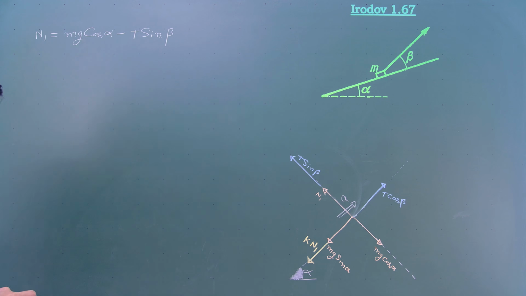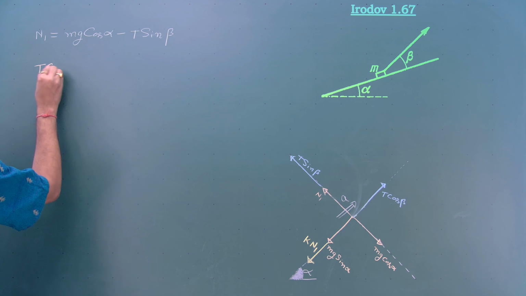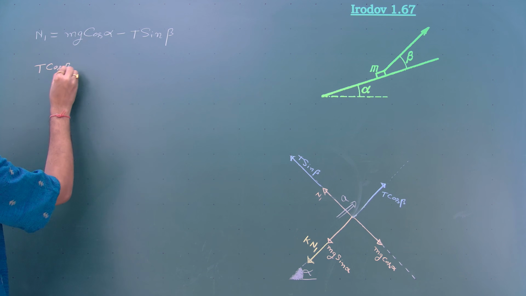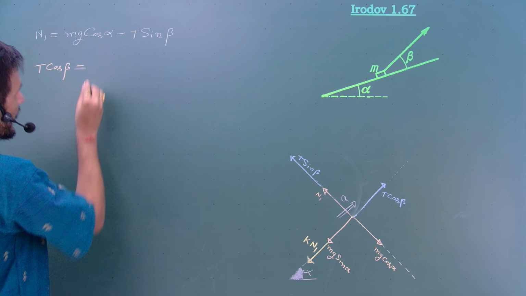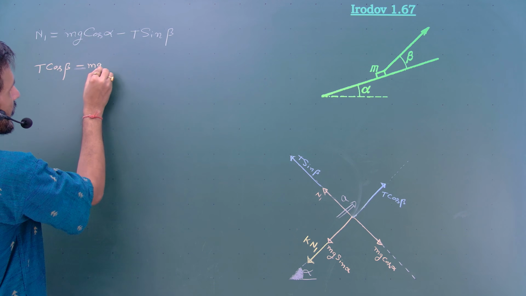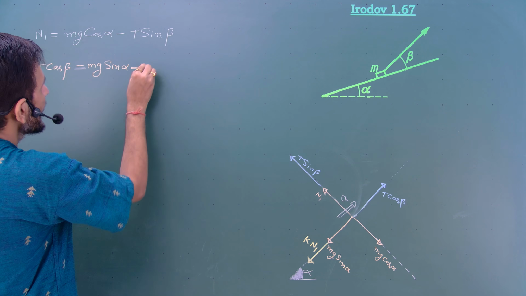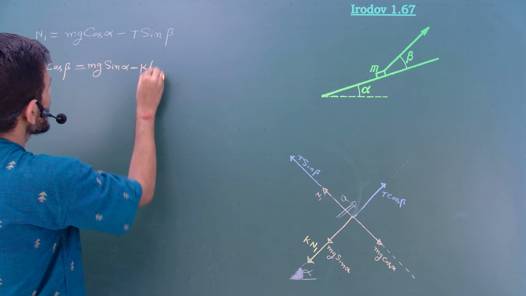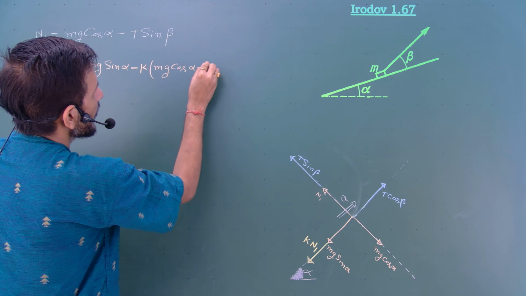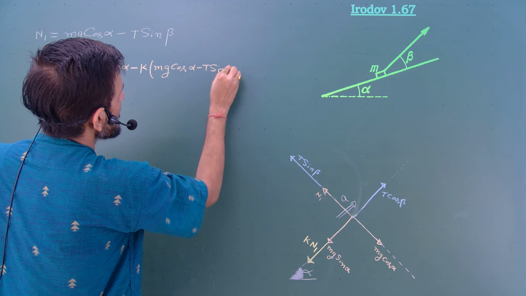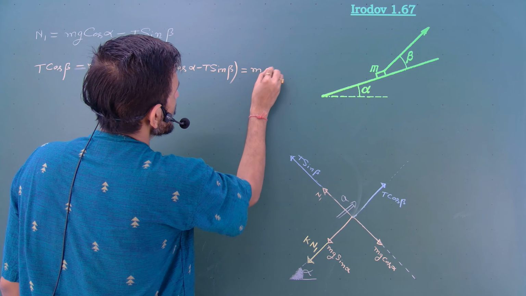So the equation of acceleration is T cos beta minus mg sin alpha minus k N1. N1 is this. So k into (mg cos alpha minus T sin beta). Force should be equal to mass into acceleration.